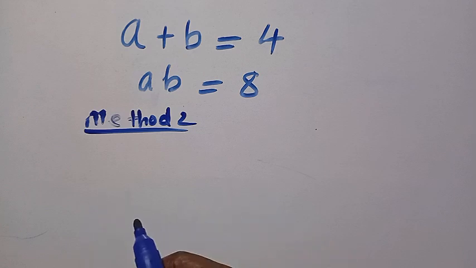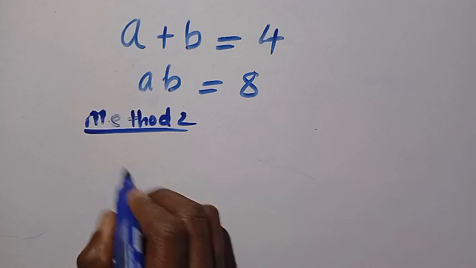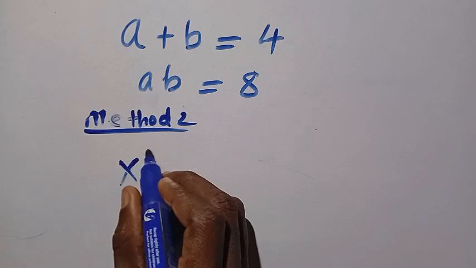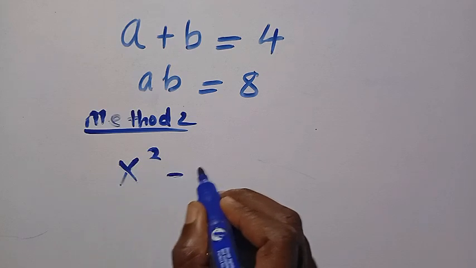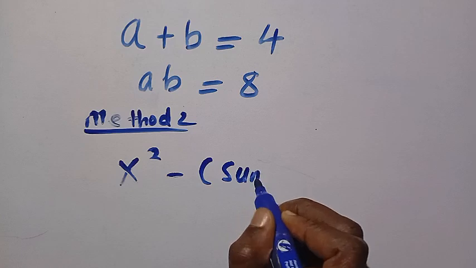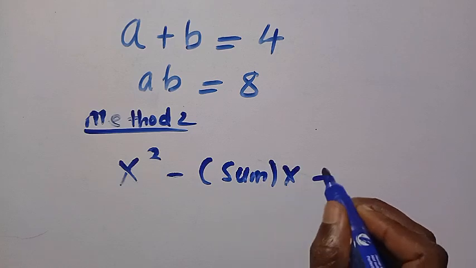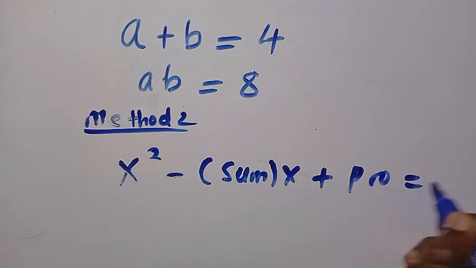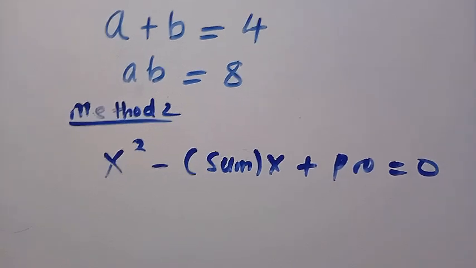If you have x squared minus the sum of the roots multiplied by x plus the product of the roots equals 0. This is a common formula.